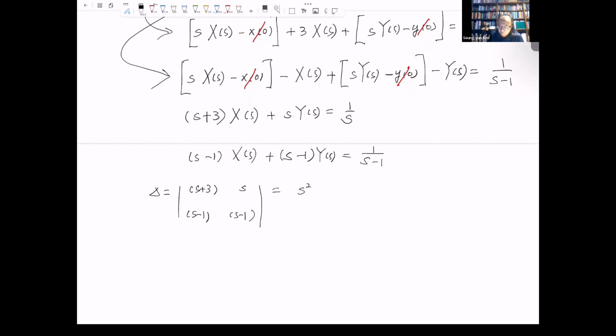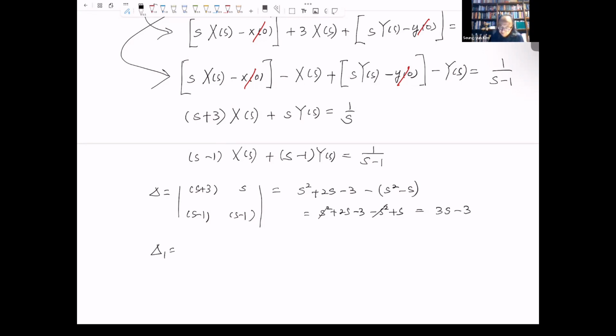So (s plus 3) times (s minus 1), I'm just going to expand it: s squared plus 2s minus 3, minus s squared minus s, that equals s squared plus 2s minus 3 minus s squared plus s equals 3s minus 3.